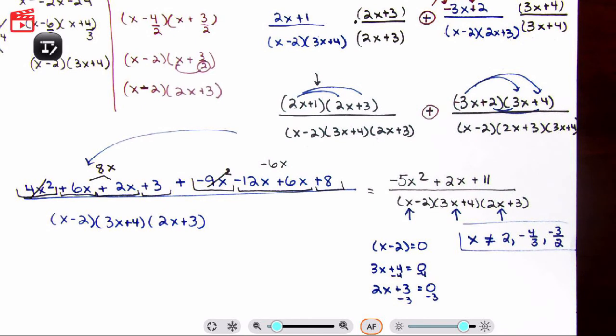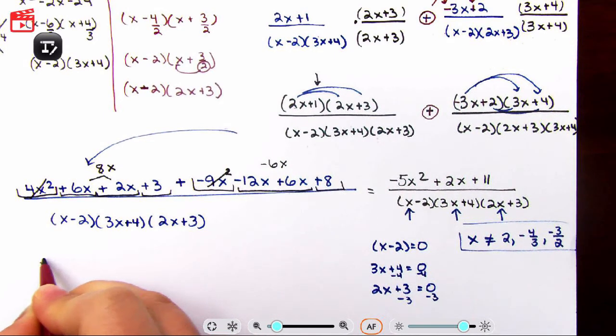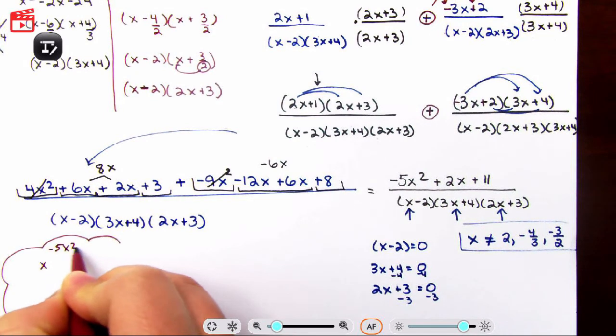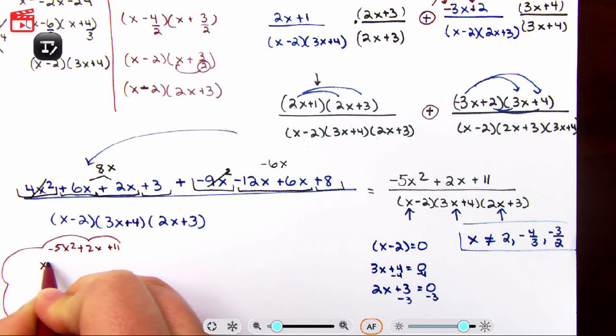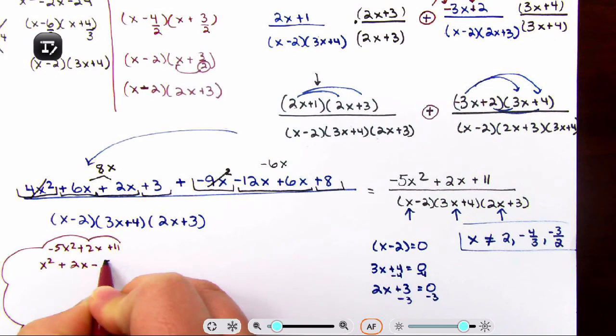So let's do a quick check if we can factor this numerator. I don't think so, but let's check. I'm going to do the slip and slide. Here's my thinking bubble. So I have negative 5x squared plus 2x plus 11. So I have x squared plus 2x minus 55.